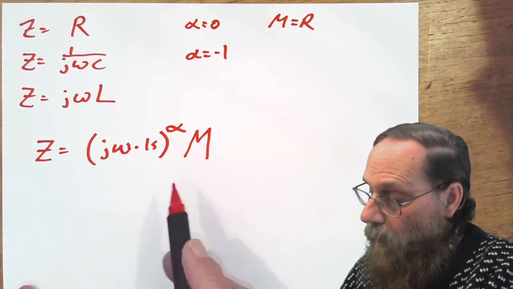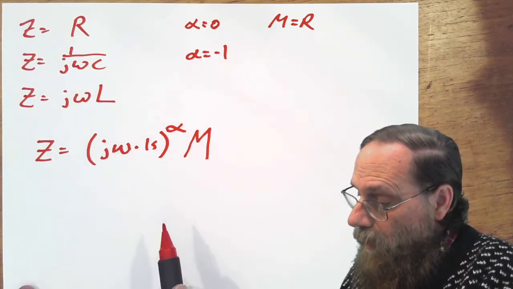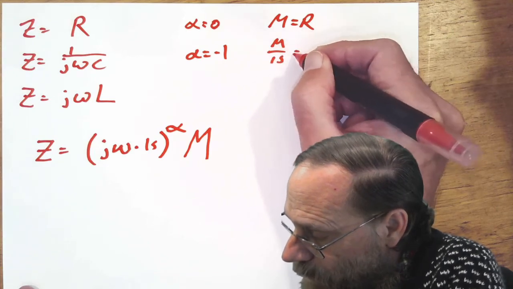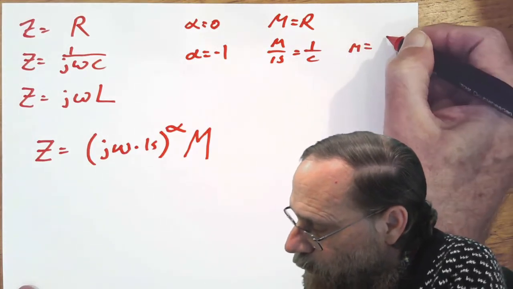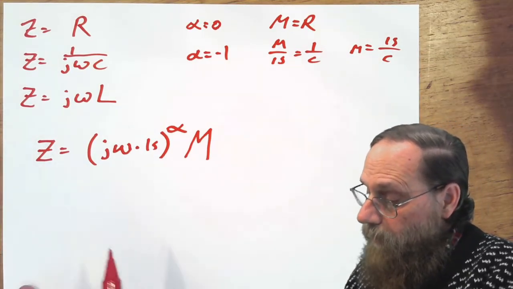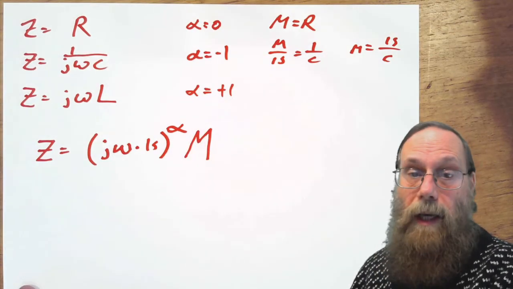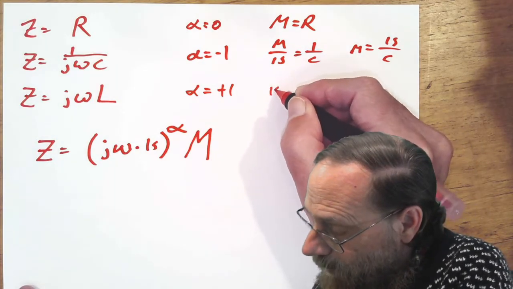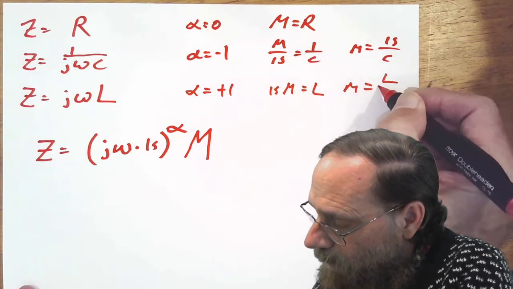And now I get 1 second inverted times M is 1 over C. So M over 1 second equals 1 over C, or M equals 1 second divided by C. And for the last one, alpha equals +1 to get an inductor. And I have 1 second times M equals L, or M equals L divided by 1 second.